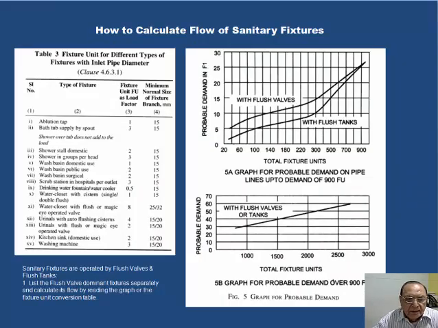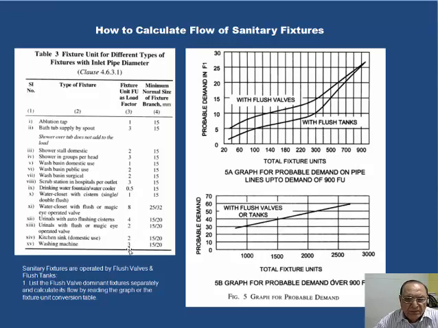These are the charts actually taken from the National Building Code. This gives us the guidelines on how to calculate the fixtures flow. Every fixture in domestic use is assigned a certain fixture load. Those are generally mentioned over here.